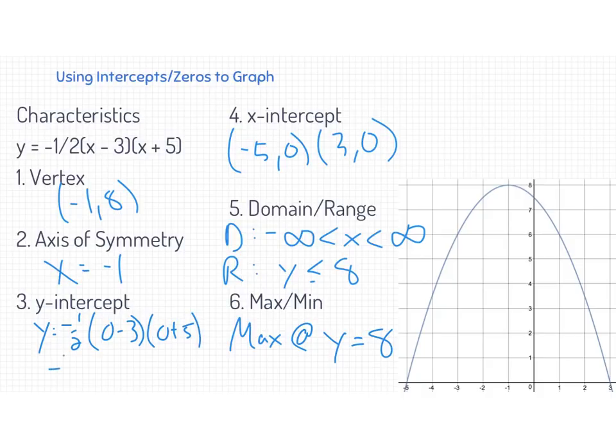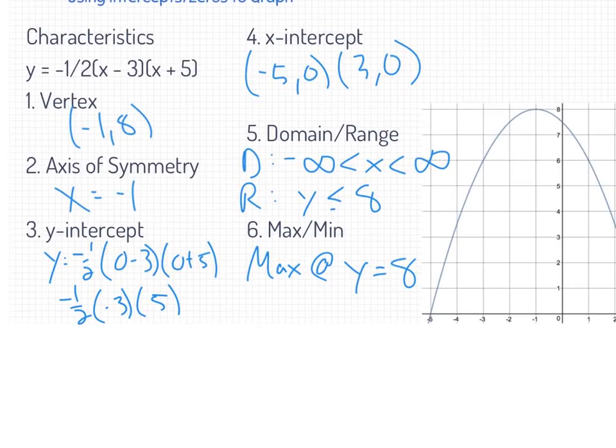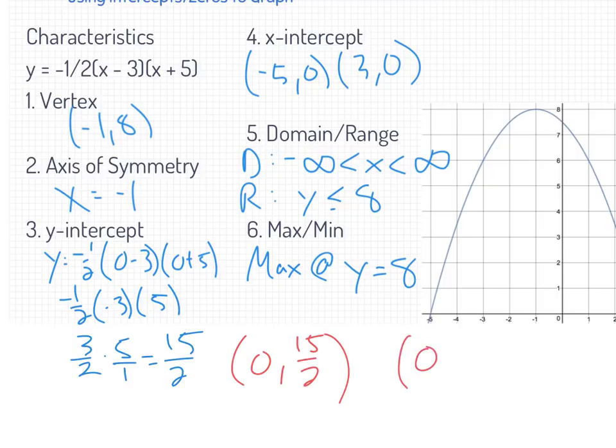So negative 1/2 times negative 3 is a positive 3 over 2, still times 5, which you put over 1. Then 3 times 5 is 15, 2 times 1 is 2. So our y-intercept is at 0, 15 over 2, or 0, 7.5, which if we look over here, is about where that is on the graph.